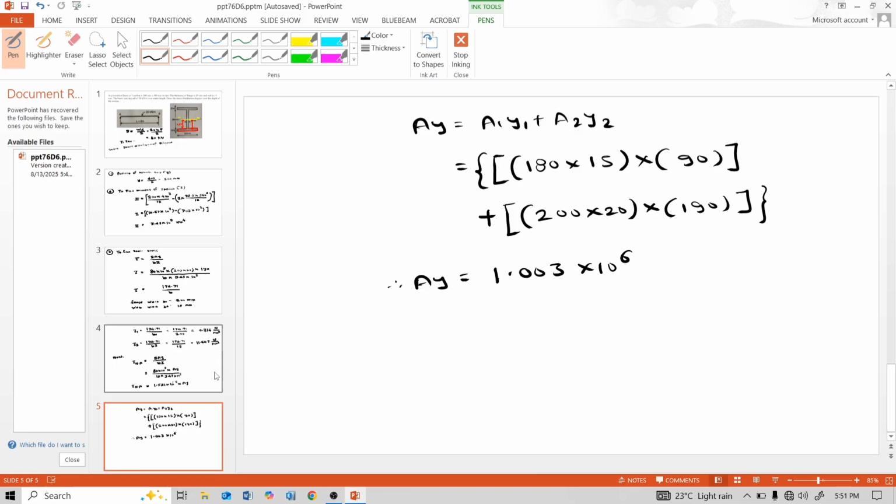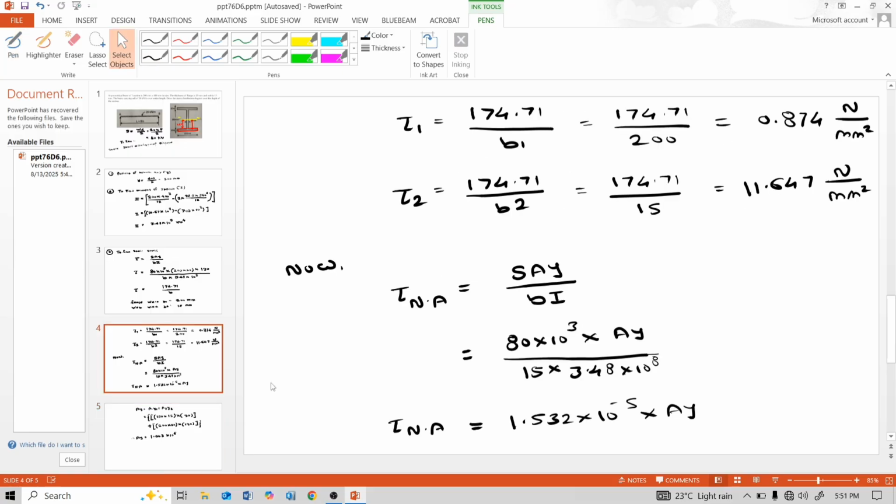Put this AY value in the tau NA equation.